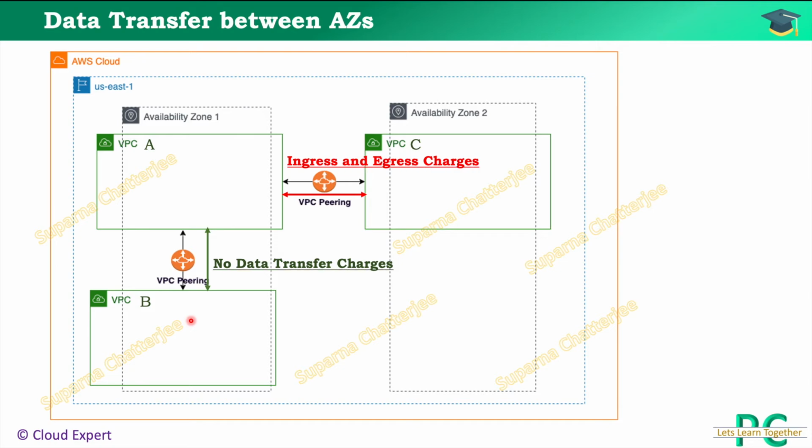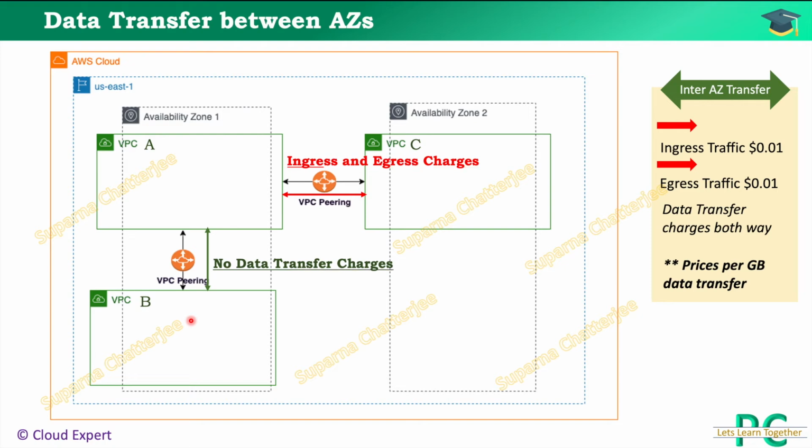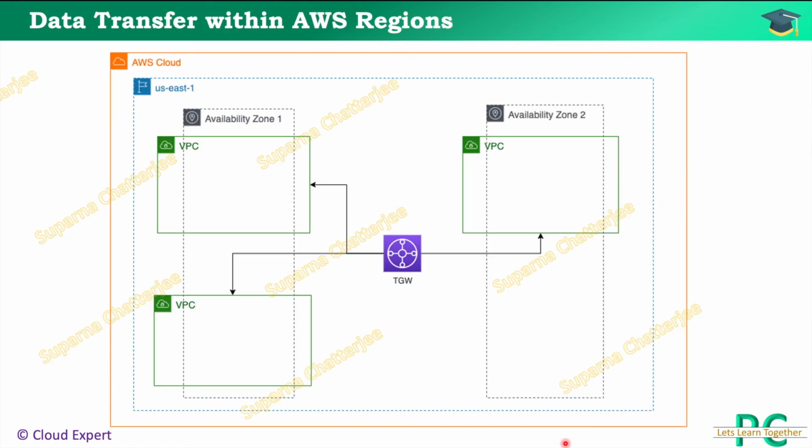That is why you are paying both ingress and egress charges. For this use case also, you are paying 1 cent per GB of data you are transferring for both egress and ingress data transfer.